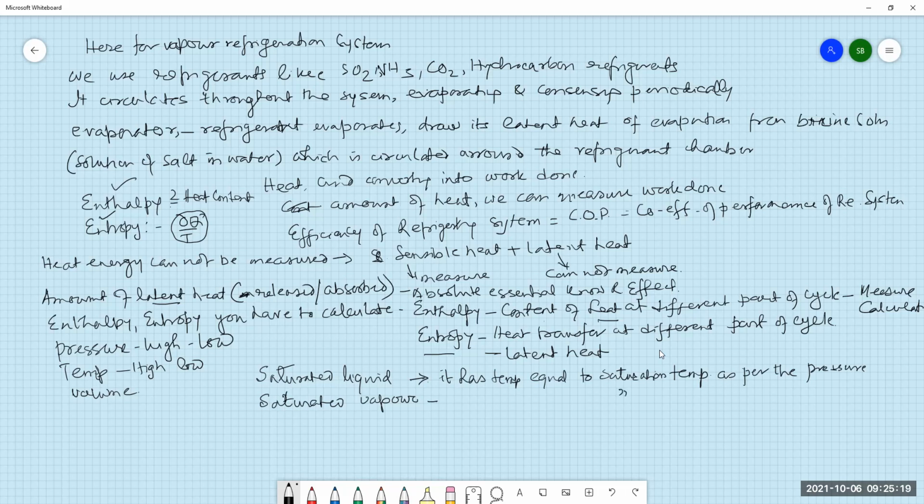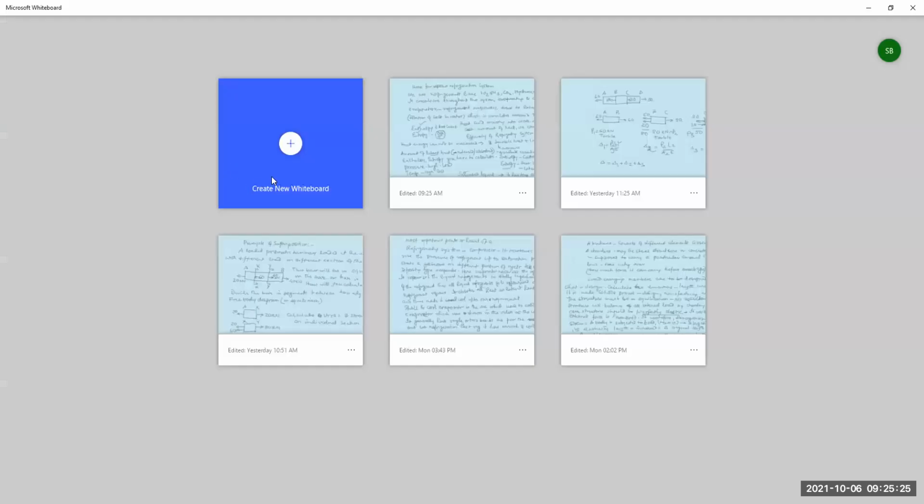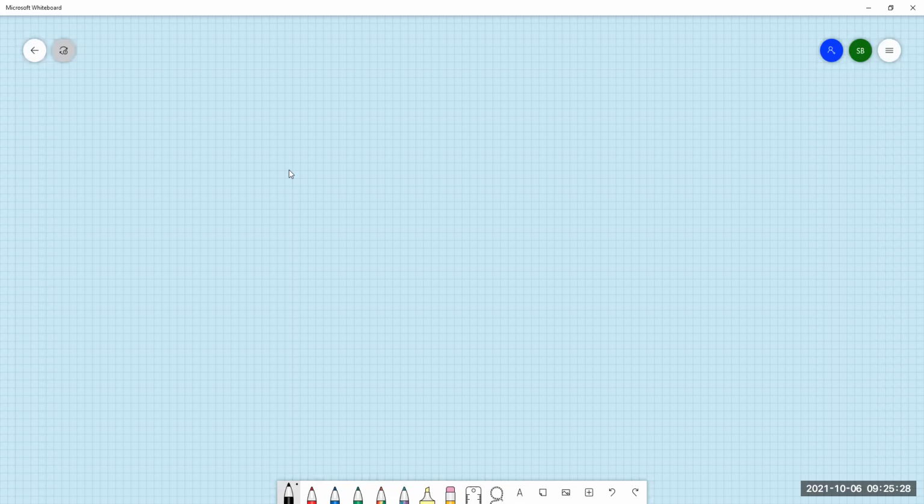Now, what is saturated, what is unsaturated, what is supersaturated? What is first saturated? There are three items: solvent, solute.